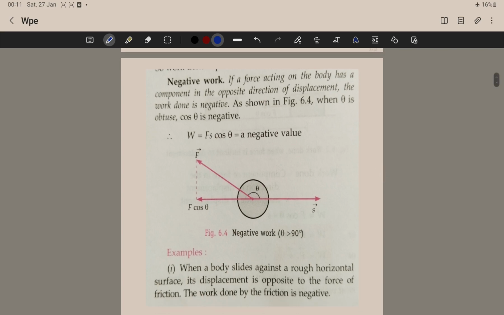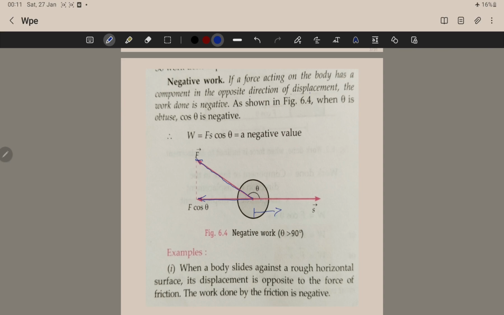Next is negative work. If the force acting on the body has a component in the opposite direction of displacement, let's say this is a force acting on this body, and it has a component acting opposite to the direction of displacement.